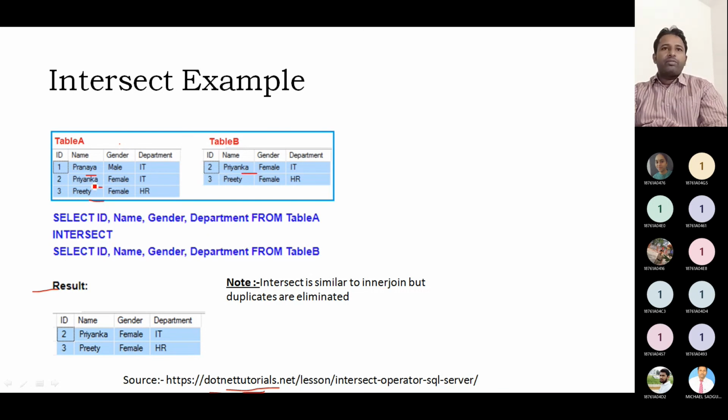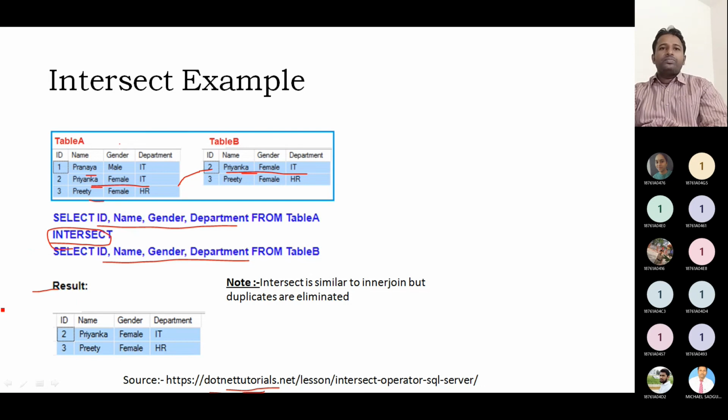Same data, Priyanka, female IT. Priyanka, female IT. These are the same common data. Okay. So we are selecting everything. Select ID, name, gender, and department from table A. Again, select ID, name, gender, department from table B. Both entire data is selected, but only the common rows will be selected for intersect. The middle one is intersect.